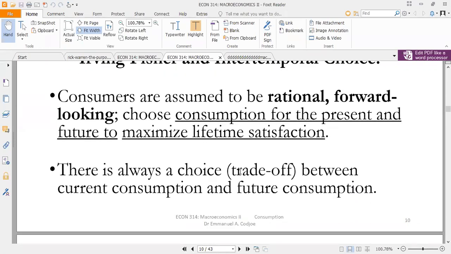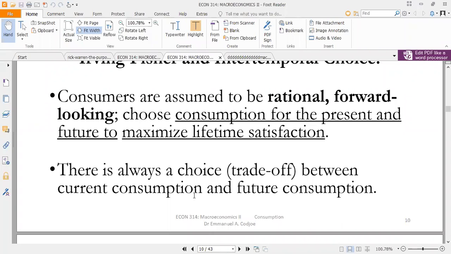You are interested in maximizing your lifetime utility, from the day you started consuming to the day that you die. So you make sure that all the consumption decisions you take will maximize this lifetime satisfaction. What this means is that there is a trade-off between current and future consumption. If you want to consume more today, it means you have to consume less tomorrow.